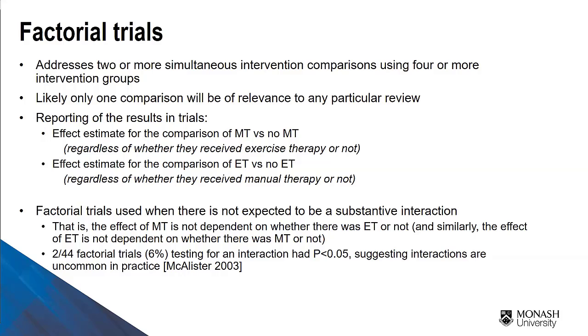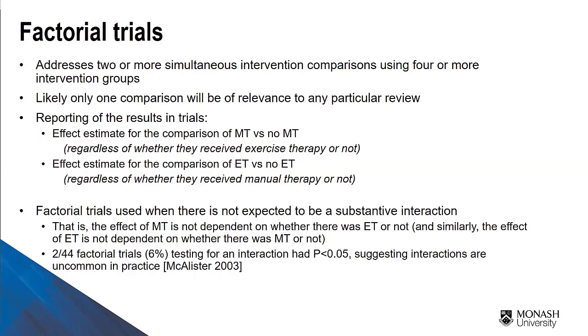So factorial trials are used when there's not expected to be a substantive interaction, that is, the effect of manual therapy in this example is not dependent on whether there was exercise therapy or not.